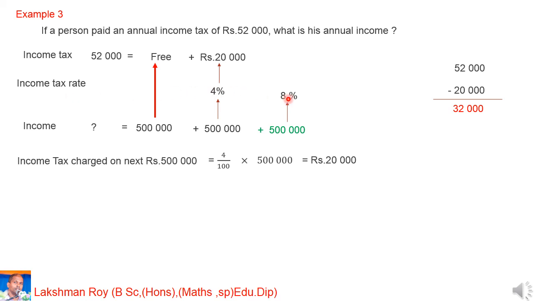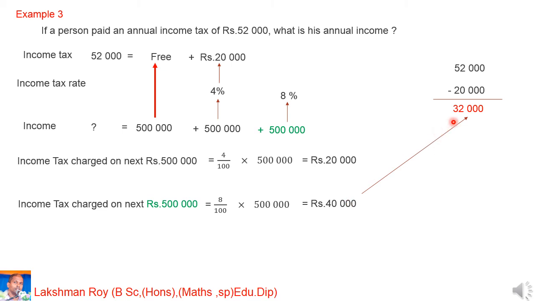Now see what happened if he earns this 500,000 rupees, what is the income tax by 8%. Let's see, income tax charged on the next 500,000 rupees, 8% means 8 over 100 multiplied by 500,000, then you can easily calculate 40,000.